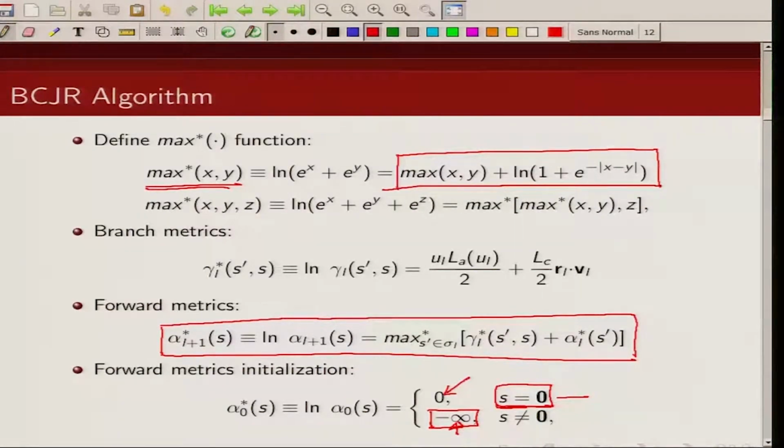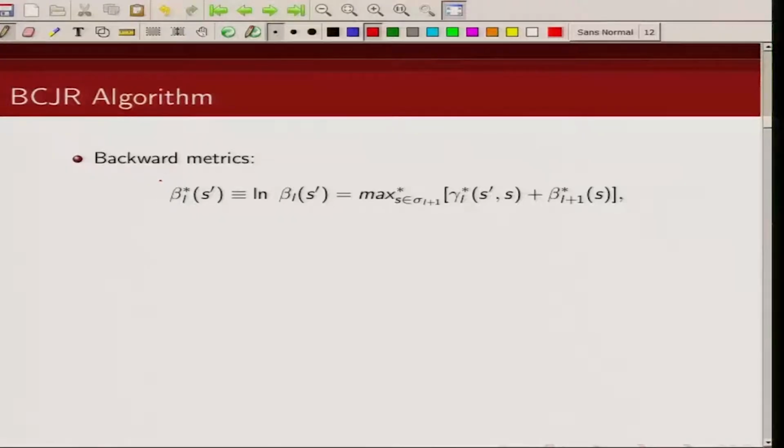That is why we are rewriting our forward recursion, backward recursion, and gamma in the log domain, so that wherever we had a summation, it has now been replaced by the max star operator, and wherever we had multiplication, it has now been replaced by addition.